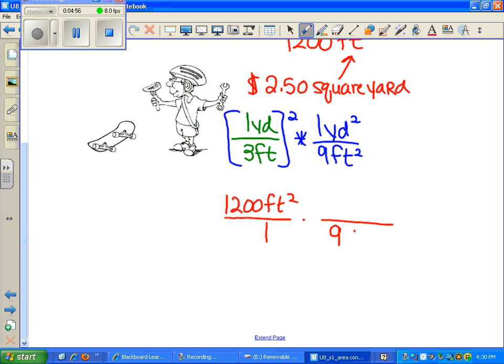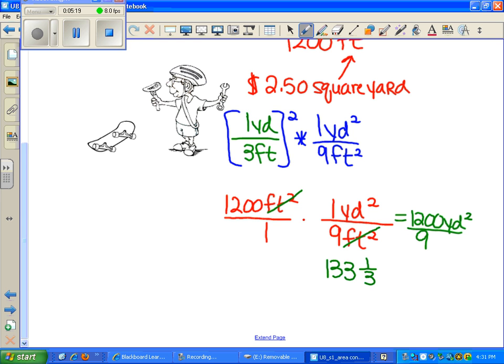I'm going to put 9 feet squared on the bottom, so my feet units cancel, and I have 1 yard squared on top. I end up with 1,200 yards squared over 9. I'm going to take 1,200, divide it by 9, and I end up with 133 and 1/3 yards squared.